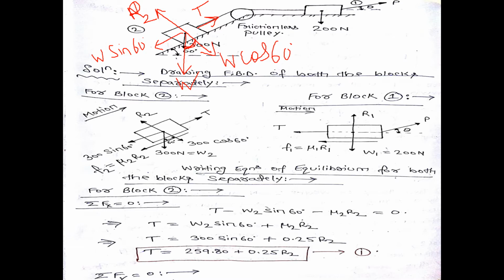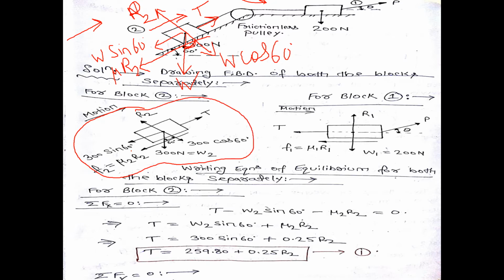Force P is applied outward to the first block, so the entire system will move in this direction. The motion of the second block is in this direction, so the frictional force will be in this direction, that is mu times R2. And this is your final FBD of the second block.